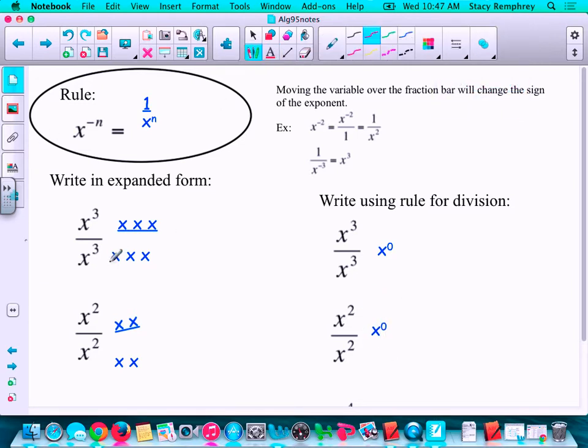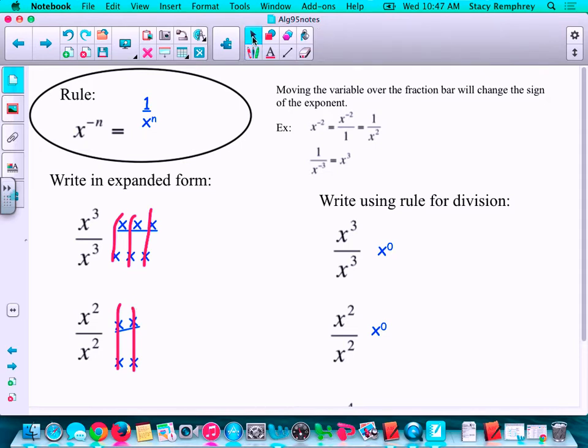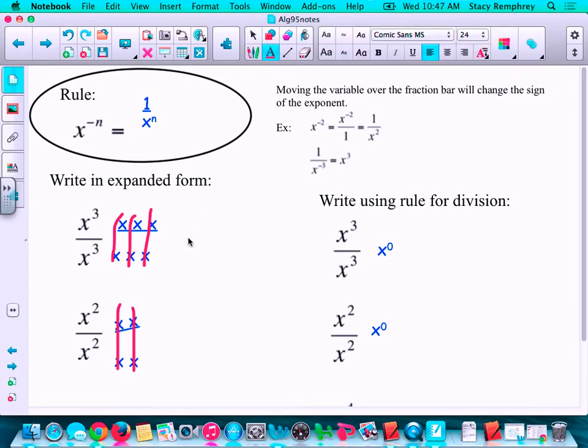Over here, these would all cancel. And remember, when everything cancels, you don't get 0. What's 3 divided by 3? 1. What's a million divided by a million? 1. So x cubed divided by x cubed is going to equal 1. And this is going to equal 1.